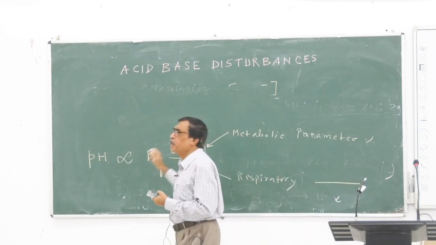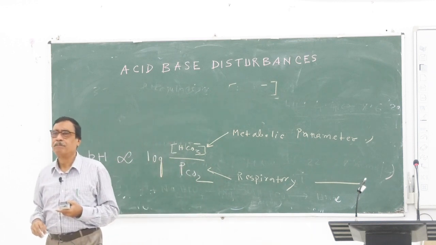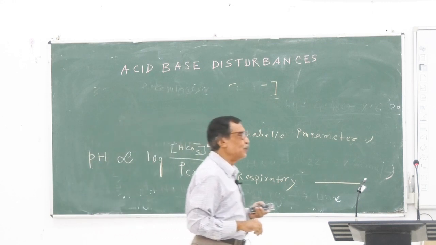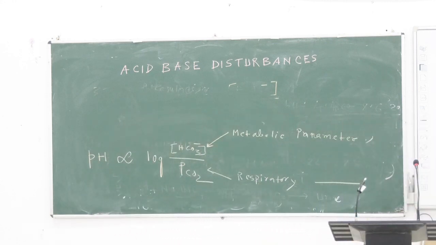So any alteration of the metabolic parameter primarily gives rise to metabolic acidosis and alkalosis.